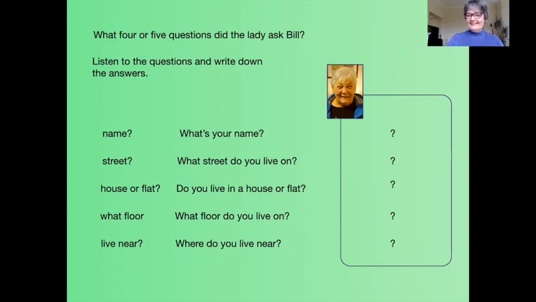Okay. Are you ready to see the answers? Number 1. What's your name? Jen. What street do you live on? Old Market Street. Do you live in a house or flat?